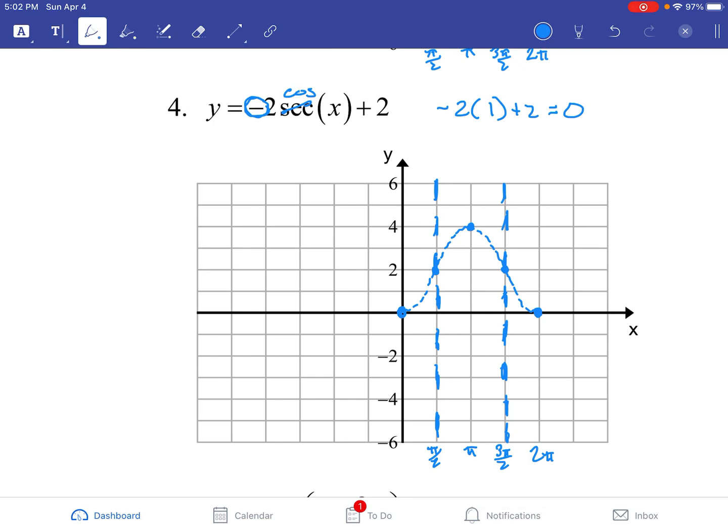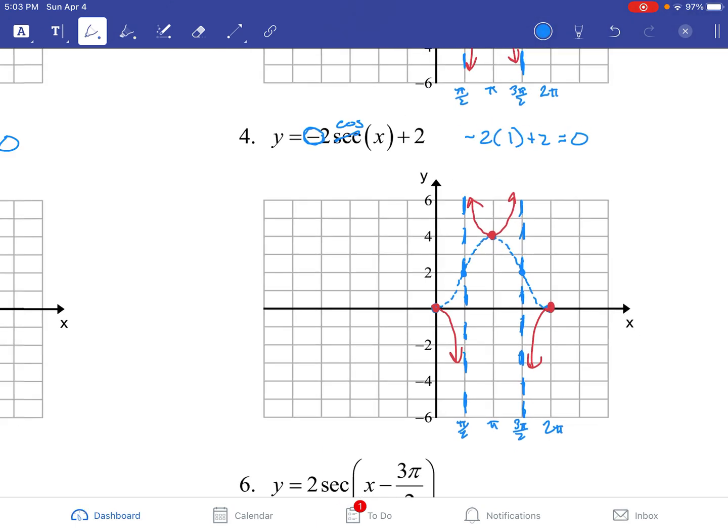All that stuff is what I'm looking for to grade. If you don't put it down, that's not good. All right, on with the graph. At our peaks and our valleys, we have our points, and draw our parabola type shapes off those points. There we go. That is -2 secant of x plus 2.